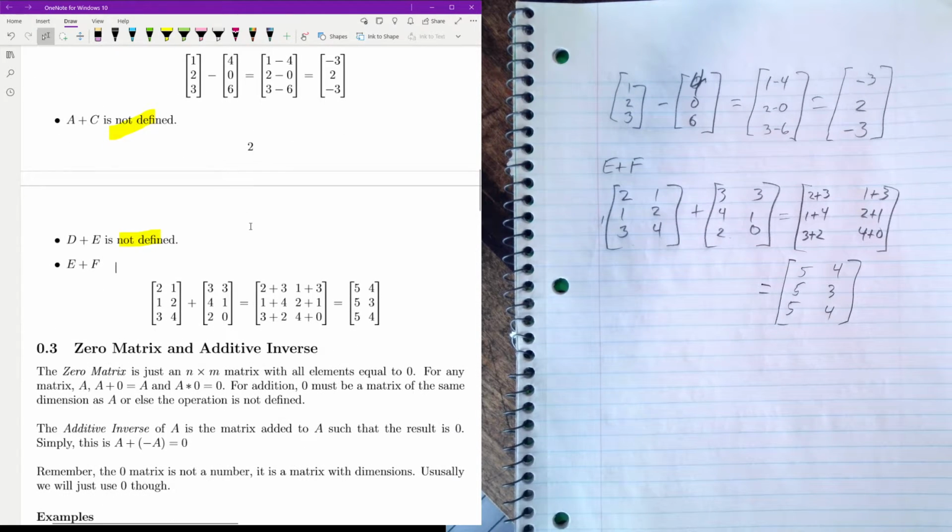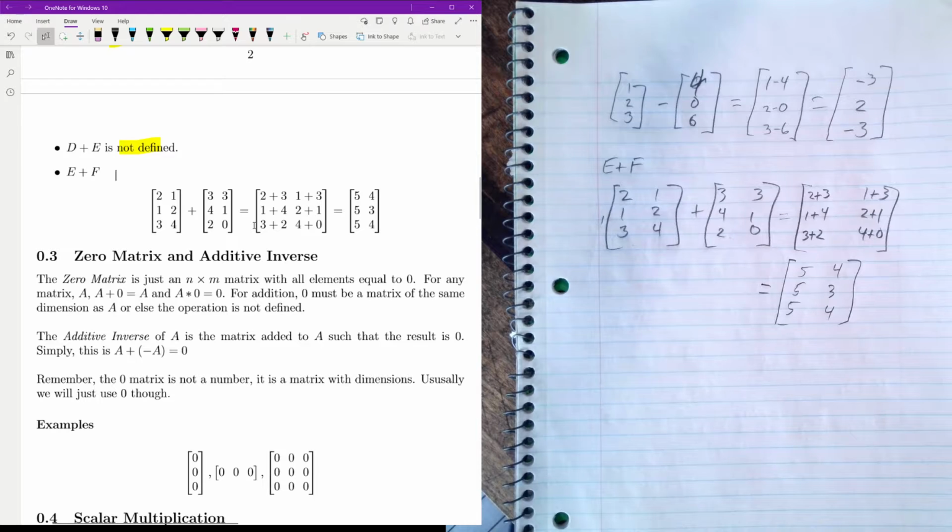A zero matrix and an additive inverse. So a zero matrix is the equivalent of 0. When we're counting on numbers, we have 0, and if you add 0 to any number, you still end up with that number. The same thing is true for matrices. And a zero matrix is any matrix that is literally all zeros.